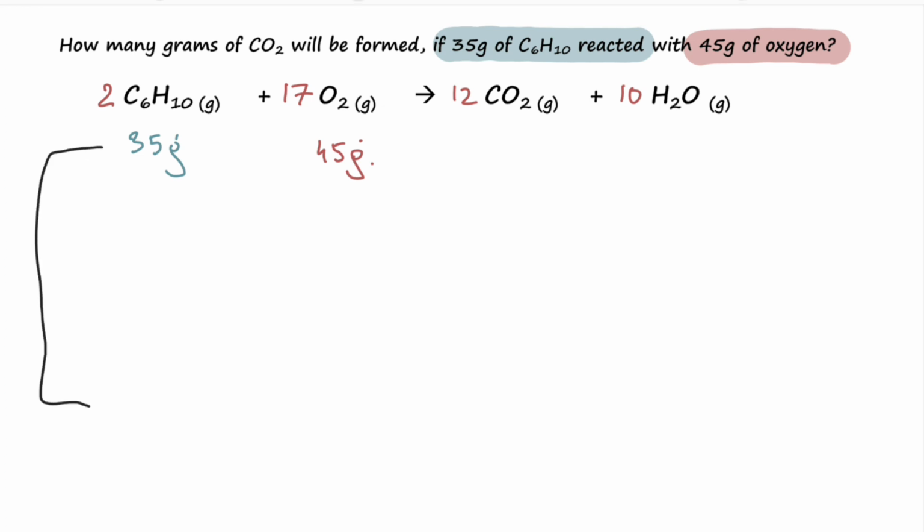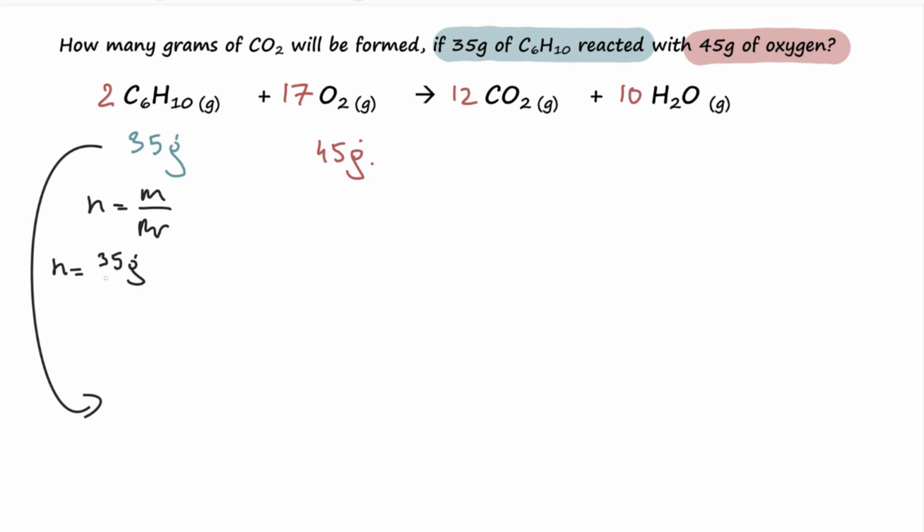So let's do our calculations. Mole equals mass divided by molar mass. Mole equals mass, 35 grams, divided by the molar mass of cyclohexene. To find the molar mass, 12 multiplied by 6 plus the molar mass of hydrogen, 1 multiplied by 10, and you will find that the molar mass equals 82.